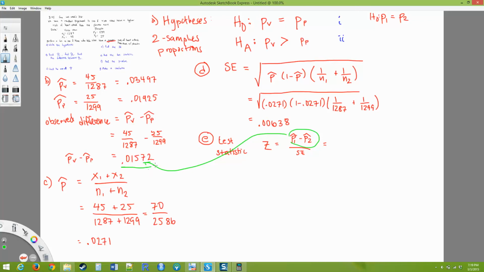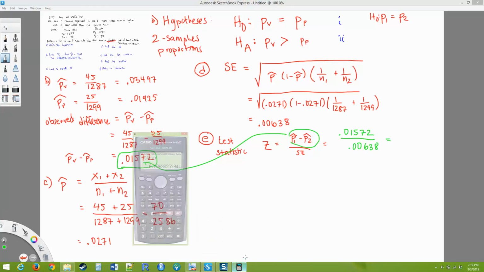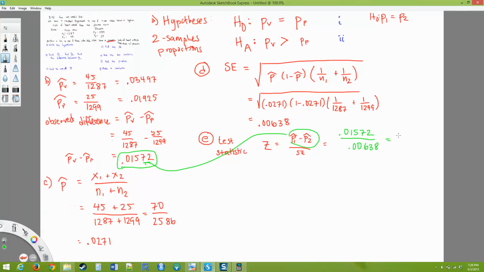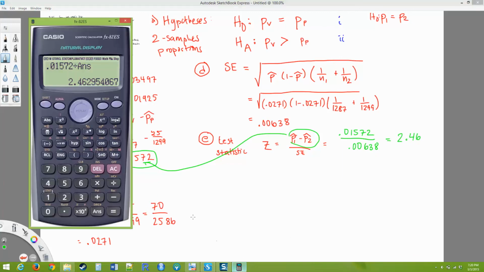So this is essentially 0.01572 divided by the standard error, 0.00638. So I'm going to do 0.01572 divided by, and 0.00638 is already in my answer key, so I hit that, and I get 2.46 as my z-score. Z is equal to 2.46.